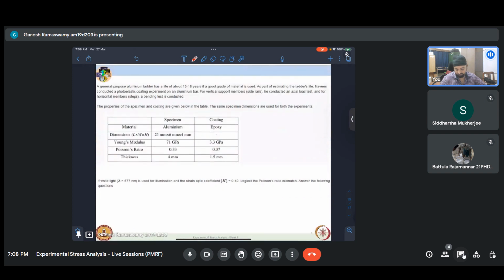Enough of that digression. So a general purpose aluminum ladder has a life of about 15 to 18 years if a good grade of material is used. As part of estimating the ladder's life, Naveen conducted a photoelastic coating experiment on the aluminum bar. For the vertical support members, that is the side rails, essentially we have a ladder which has rungs in between.